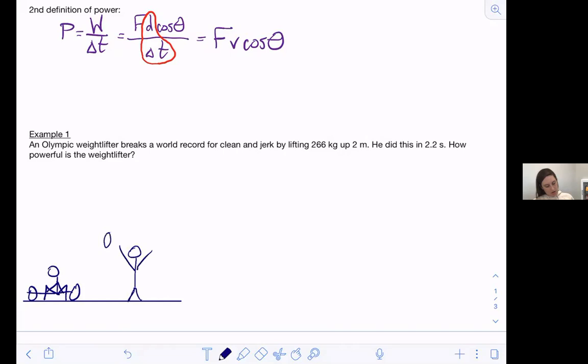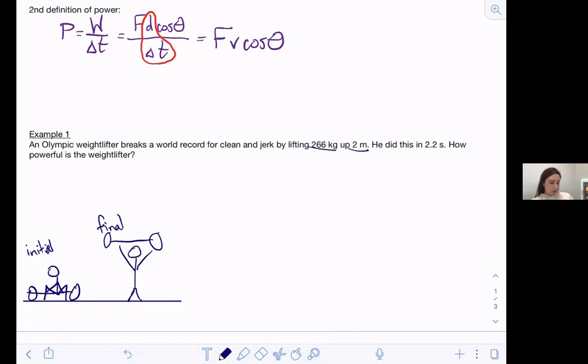All I need you to know is that the barbell ends up above his head. So we started here. We ended here. And that barbell is 266 kilograms. We lifted it up 2 meters.